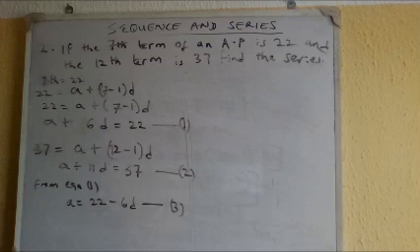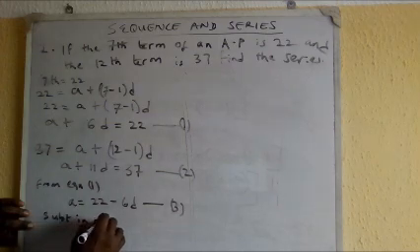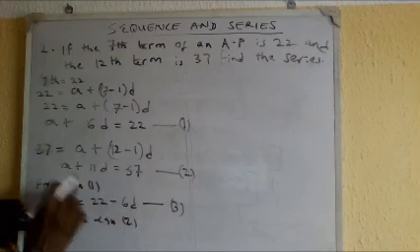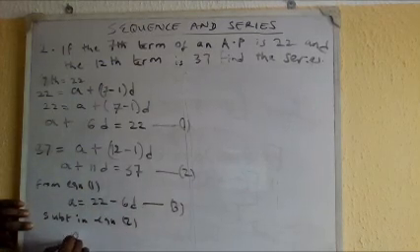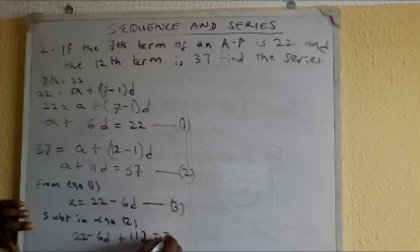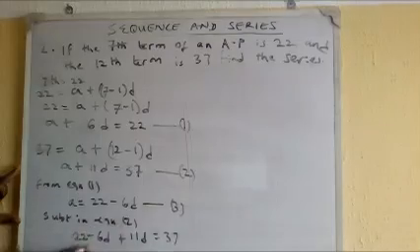So substitute in equation 2. Wherever I see A, I just put this one. 22 minus 6D, that is for A, plus 11D is equal to 37. So I can solve this one.